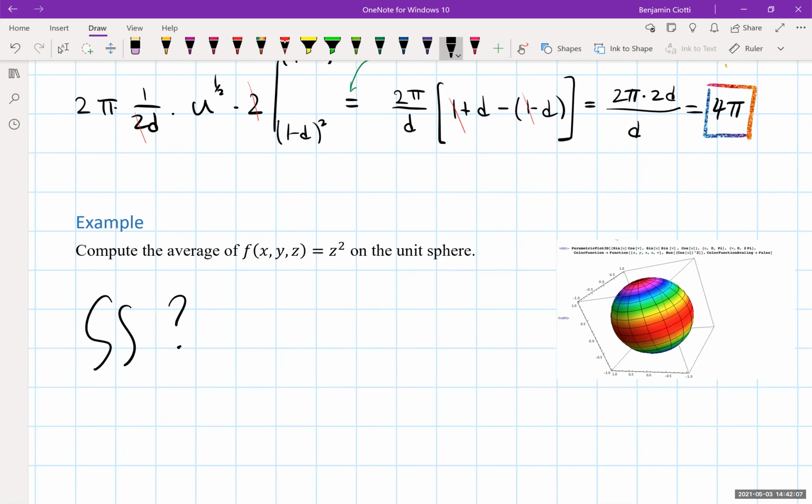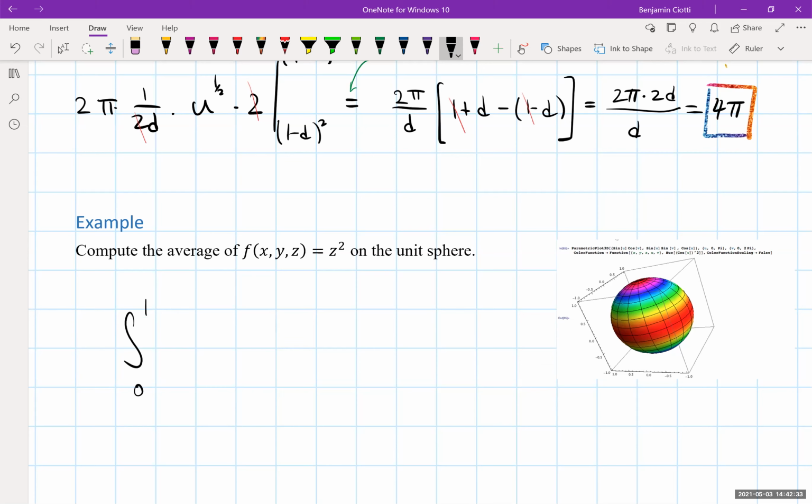An integral of what over what? If it were spherical, it'd be from 0 to 1, 0 to 2 pi, based on the radius, theta, or phi.